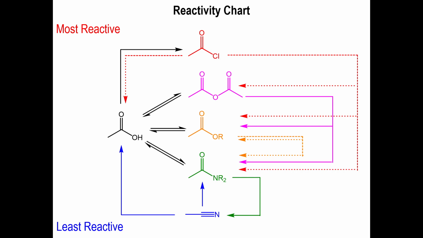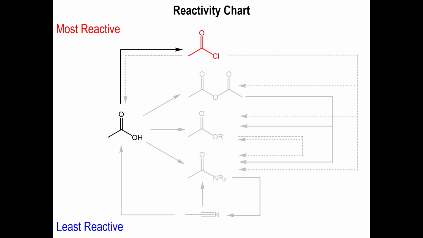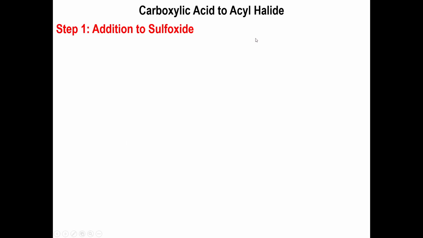So the first one is the conversion of a carboxylic acid to an acyl chloride. And what this is all about is simply treatment of the carboxylic acid with thionyl chloride, shown right here on the right side of this reaction. So now basically what happens is that your carboxylic acid attacks your sulfur from the thionyl chloride.